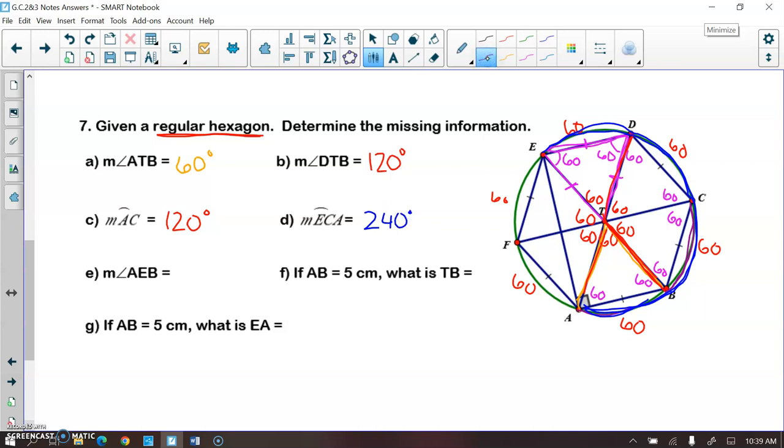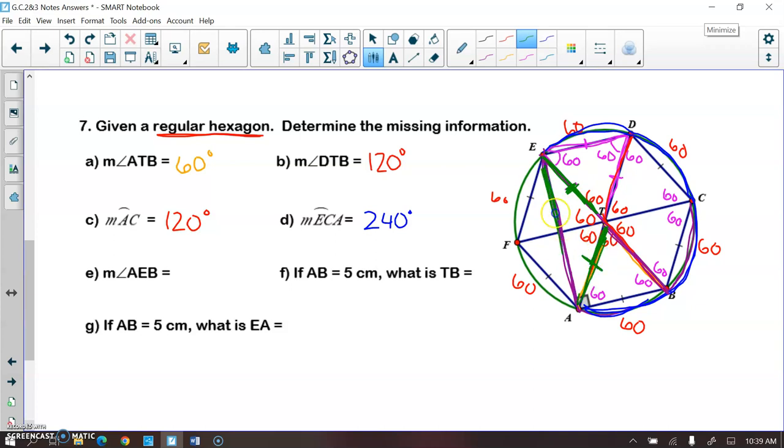Now I want the measure of angle AEB. So that's actually this angle. Okay, which we don't have, so we're going to talk about it. Now, if all of these are equilateral triangles, that would mean that ET is a radius and AT is a radius.